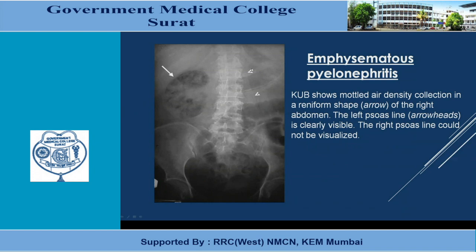On the left side, the renal parenchyma is not obviously visualized because of gas shadow. This is the colonic shadow and small bowel shadow. On the right side, you can see the reniform mottled dirty shadow, so gas or air is noted within the renal parenchyma, suggestive of emphysematous pyelonephritis in the right kidney.